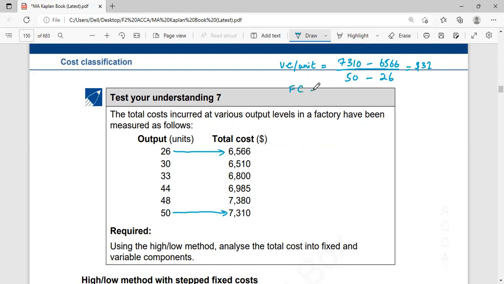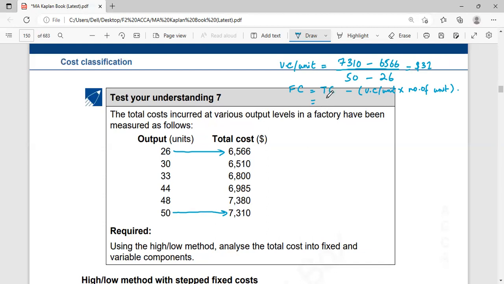The formula for fixed cost was total cost minus variable cost per unit times number of units. Now, can you tell me how will you calculate the fixed cost? What will you be taking here in the place of total cost? 50. I'm taking the highest. 50 minus 31 into 50.